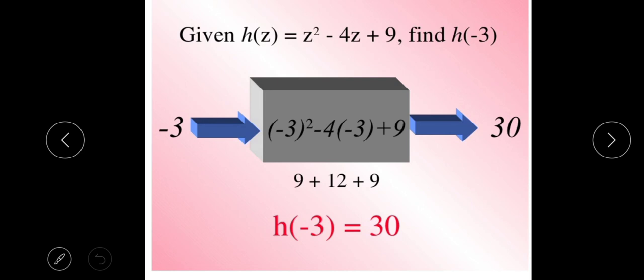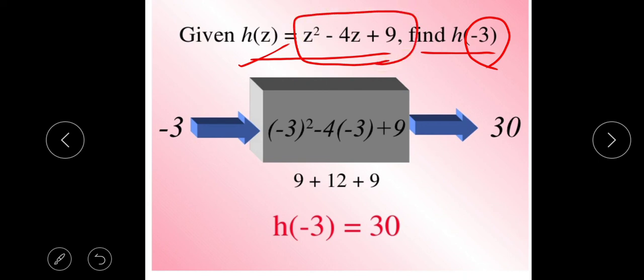One more example. You are given h of z is equal to z square minus 4z plus 9. Find h of minus 3. What is the input value here? It is minus 3 and you are asked to find the output value. The operation inside the machine is z square minus 4z plus 9.